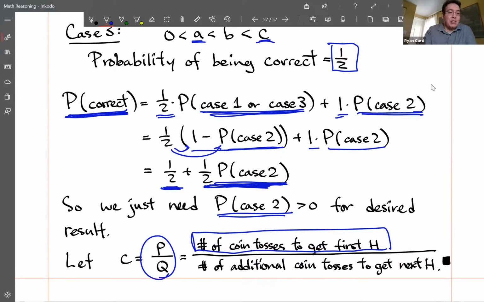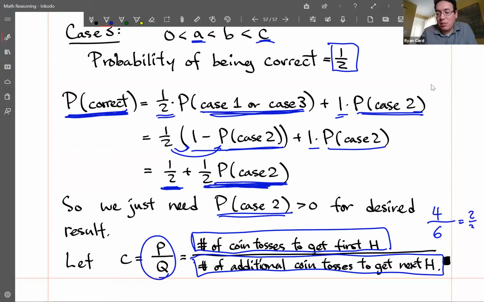So if it's tails, tails, tails, heads, then it's 4 in the numerator. Then you count the number of additional coin tosses you need to get the second heads. Maybe it's tails, tails, tails, tails, tails, heads. That would be 6. So 4/6 is the rational number that you're going to use.